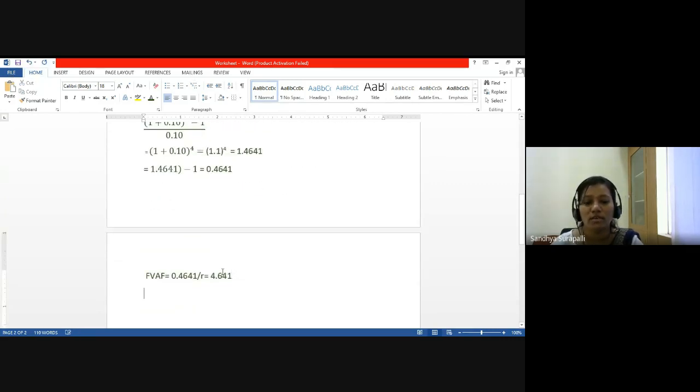So the value of your investment after 4 years will be the payment multiplied with the annuity factor. You are paying in 5,000 every year, so multiply it with the annuity factor we got.